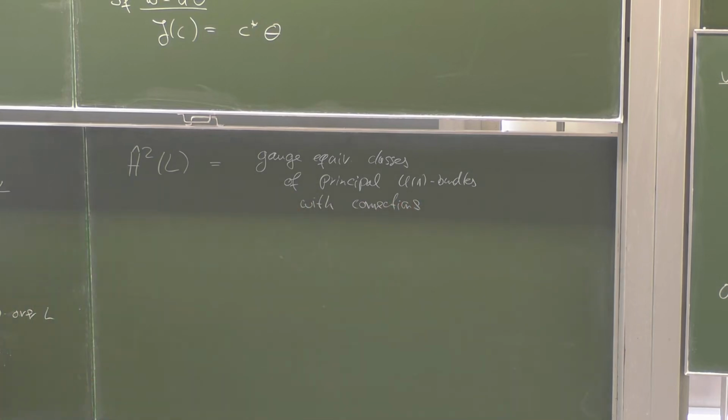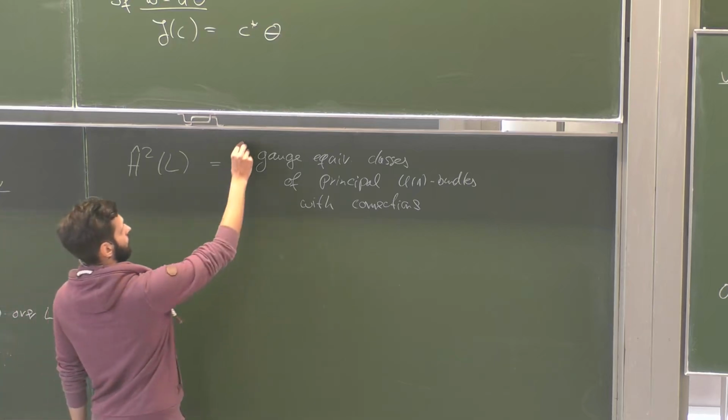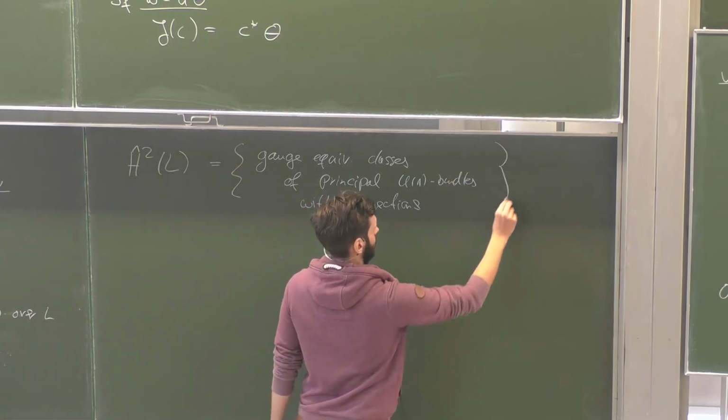That's a natural generalization of this dual space, but the problem, or on one hand the feature of the theory, is that this space is no longer a vector space.